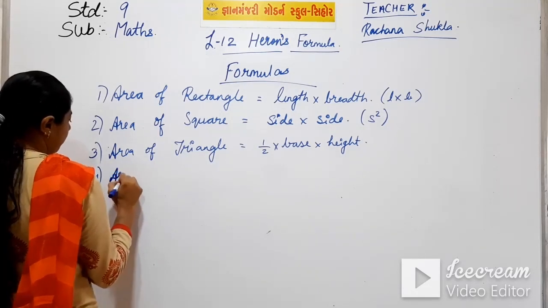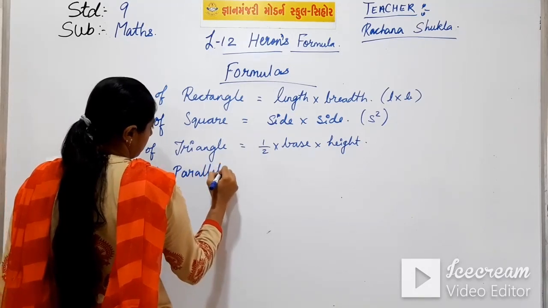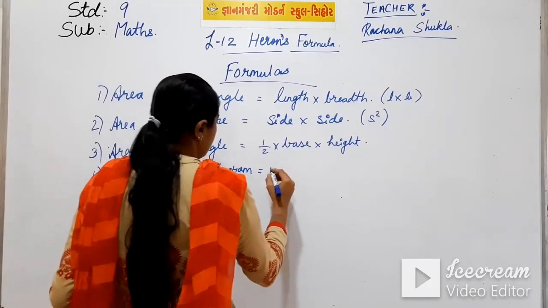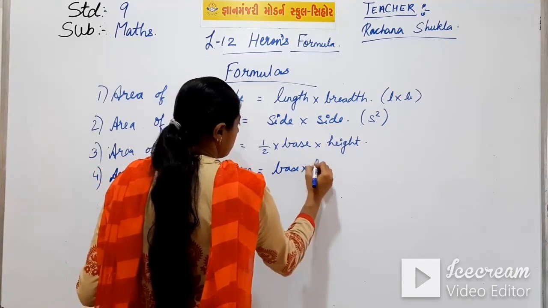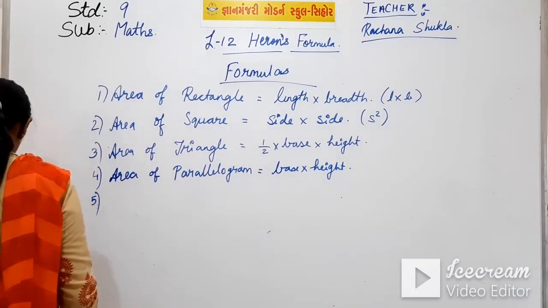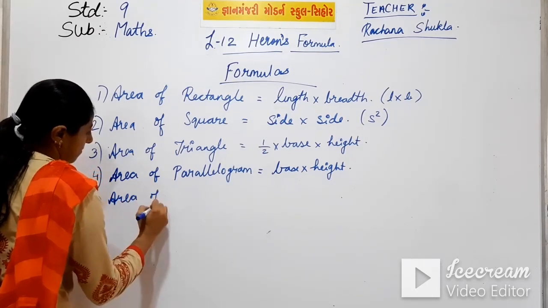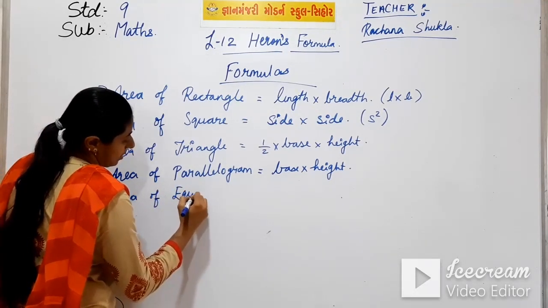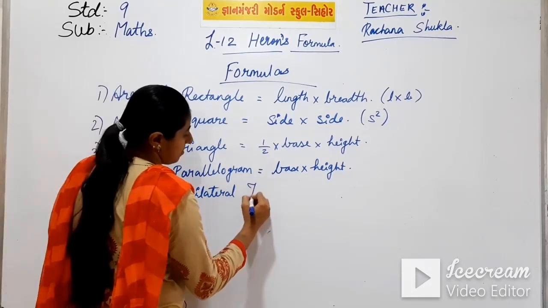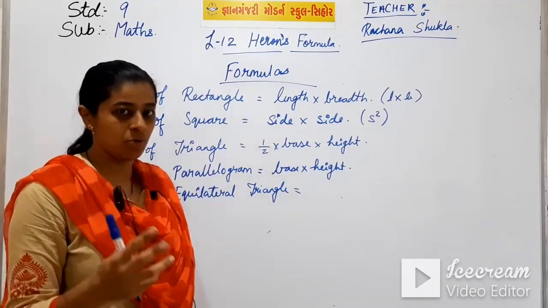Then area of parallelogram. You already know what is the meaning of parallelogram. That is base into height. Next one, fifth one is area of equilateral triangle. What is the meaning of equilateral triangle? Equilateral triangle means a triangle in which all the three sides are equal.